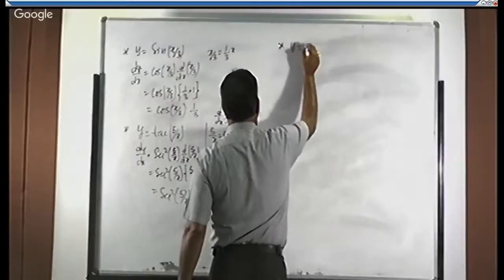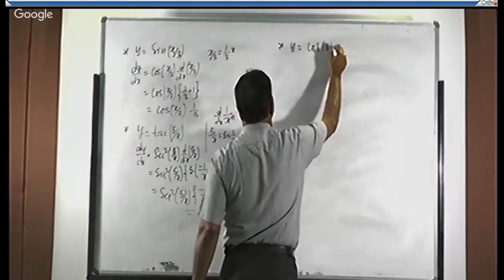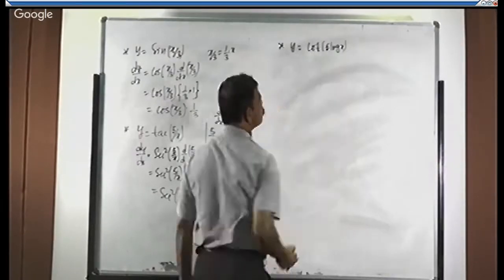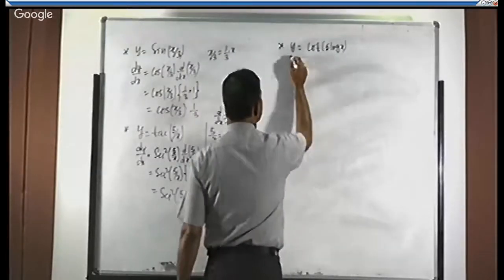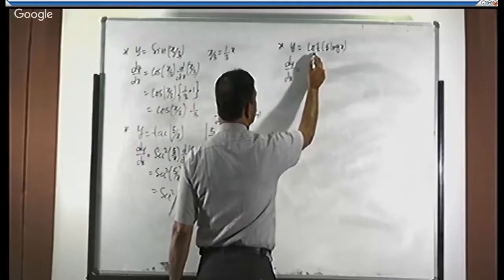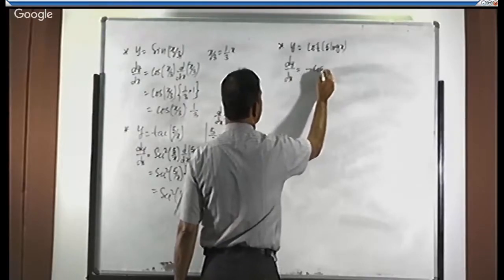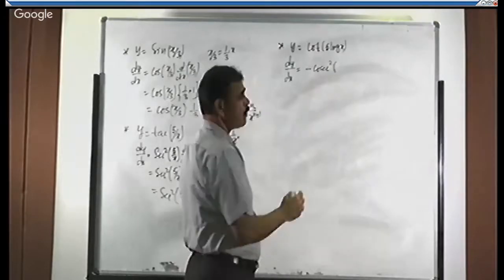Y is equal to cot of 5 log x. What is function? It is 5 log x. dy by dx is equal to what? Differentiation of cot x is minus cosecant square x. But here in place of x we have a function.